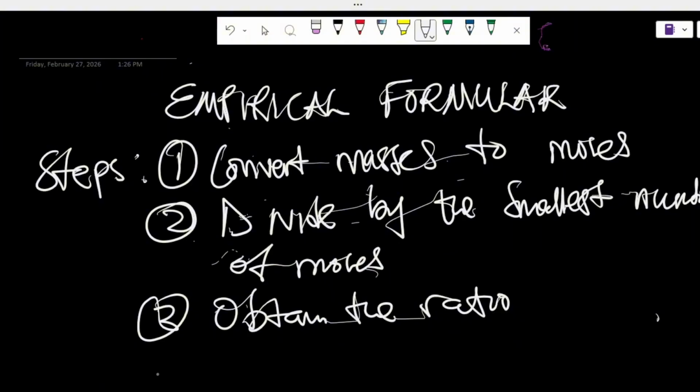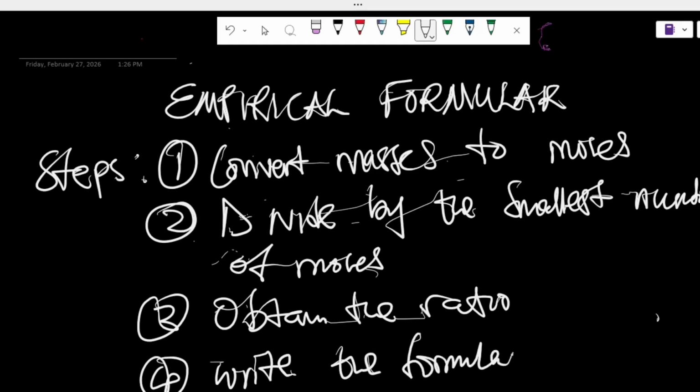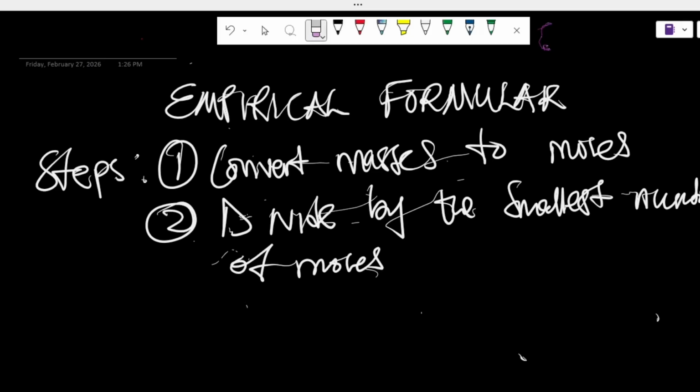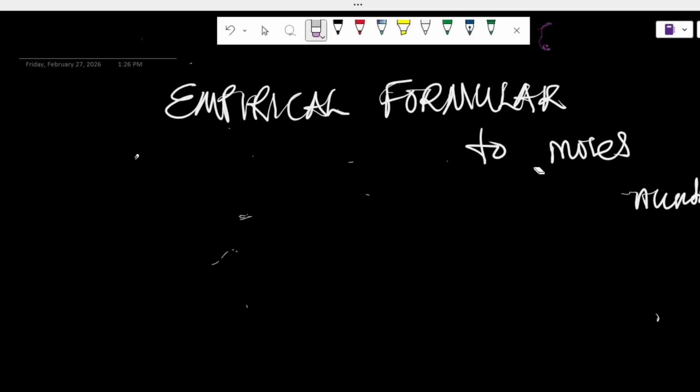And then lastly, you can write the empirical formula. So let's go ahead and look at some examples. And make sure that you remember these steps because they are very important. Without this, you cannot write the correct empirical formula.